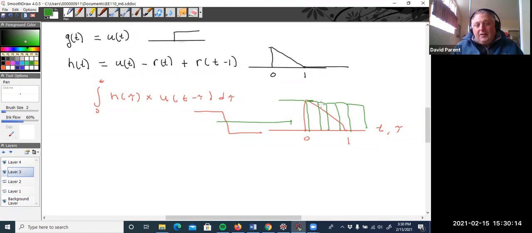And you can see that the area is increasing, but the overlap is actually decreasing. So I add a wedge, and then I add a wedge and add a wedge, but the wedges keep getting smaller and smaller. And then at some point, I can have the parameter t here, or I can have it out here, but that overlap area is still the same.